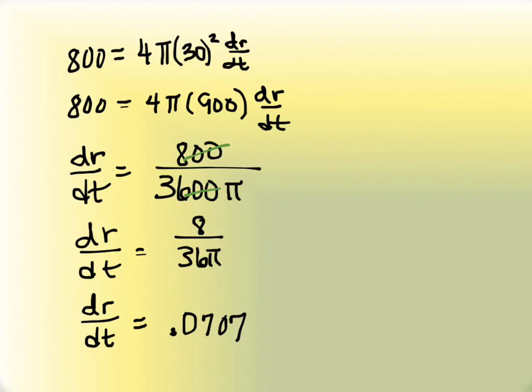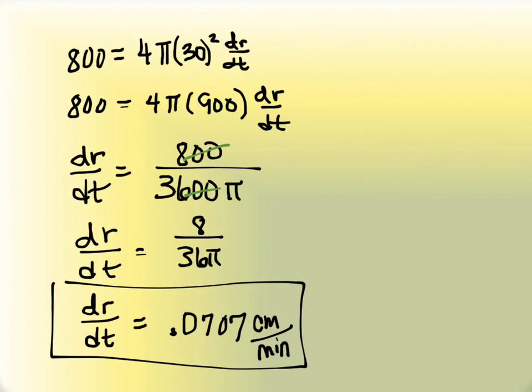What are the units on the radius? Centimeters. And then the time, was it in minutes on this one? So this would be centimeters per minute. So the balloon's radius is increasing 0.0707 centimeters per minute. Okay, we okay?